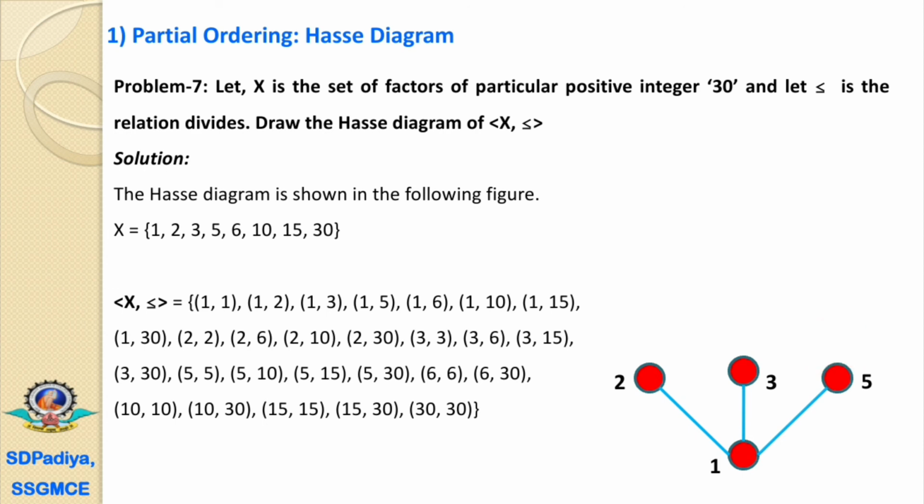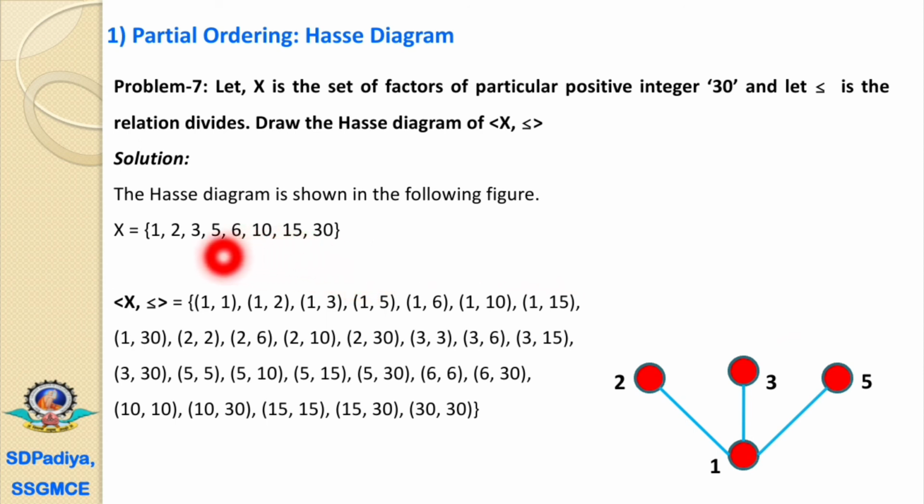Now the next element is 6. Then 6 covers 2. The 2, 6: 2 has a direct relation with 6. That's why the next element 6 will be at the upper level. The next element is 10. Then 5 and 10 have the relation. That's why it will be at the upper level of the 5. And the next element is 15.